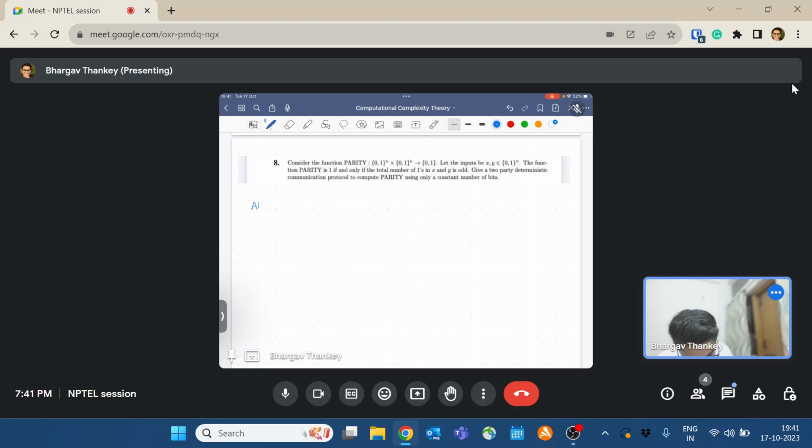Alice computes the XOR of x1 to xn and sends it, and then both of them compute.